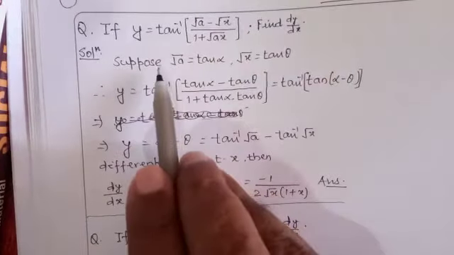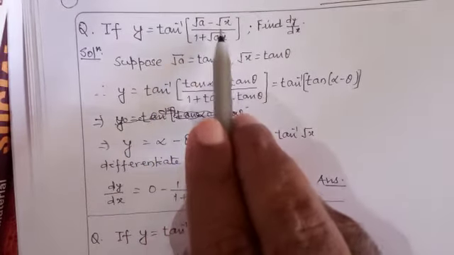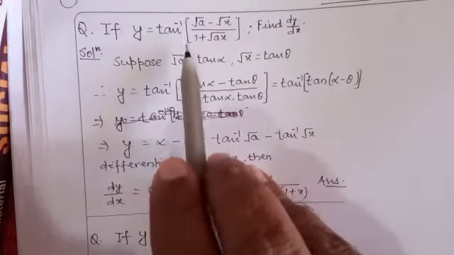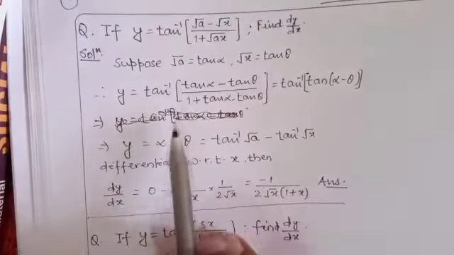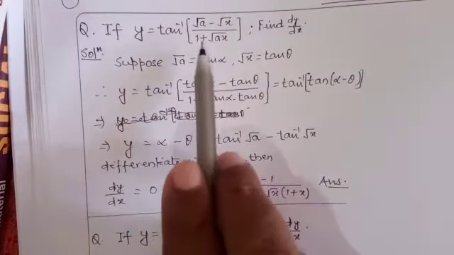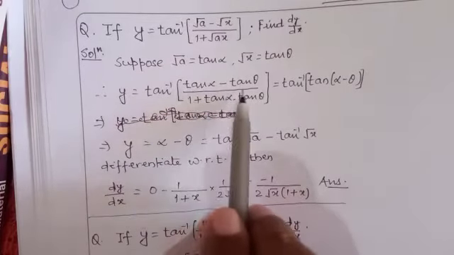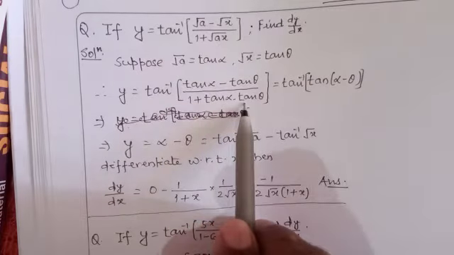Apply substitution first. Put root a equal to tan alpha and root x equal to tan theta. Then this question reduces to y is equal to tan inverse of tan alpha minus tan theta divided by 1 plus tan alpha into tan theta.